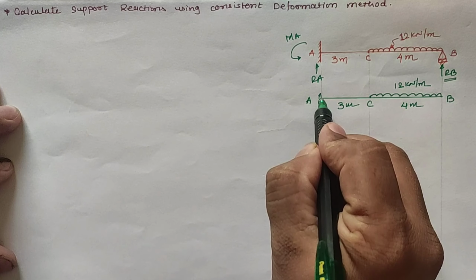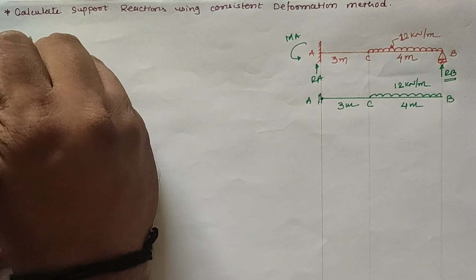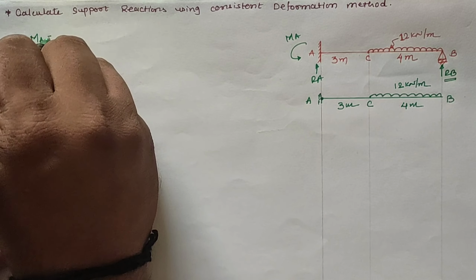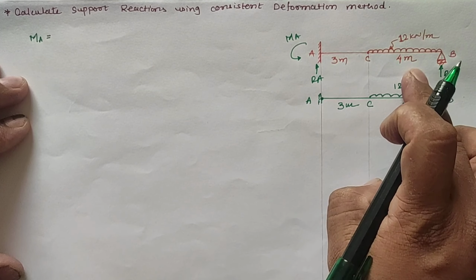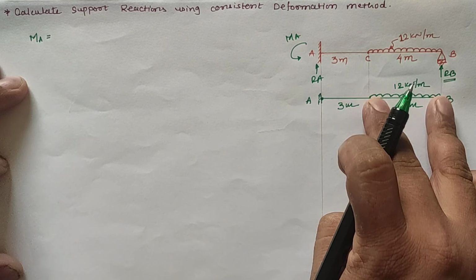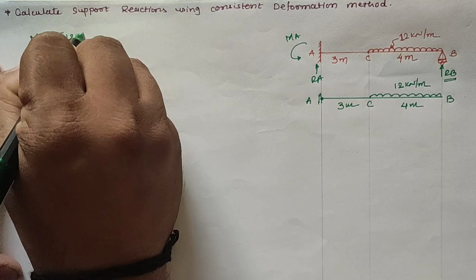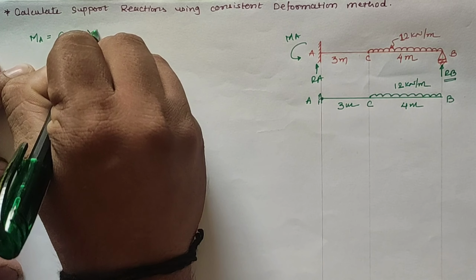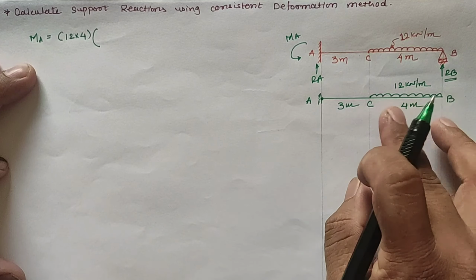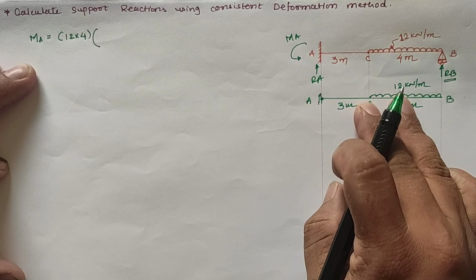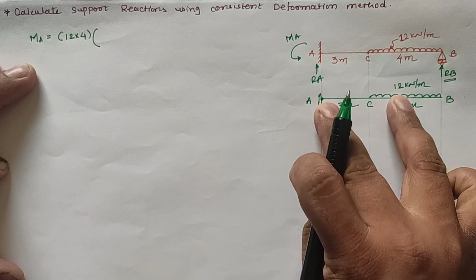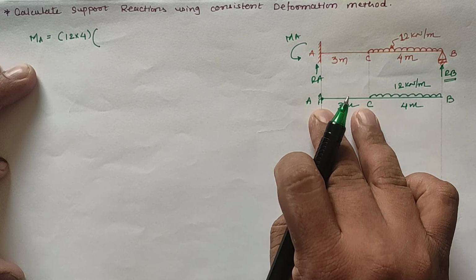Now, if we calculate the moment at location A, then 12 as a UDL into a distance of 4 meters is the total load. So it is 12 into 4. Now the CG distance from location C is 4 by 2, but we have to take the moment at location A, so 3 meters is an extra distance.